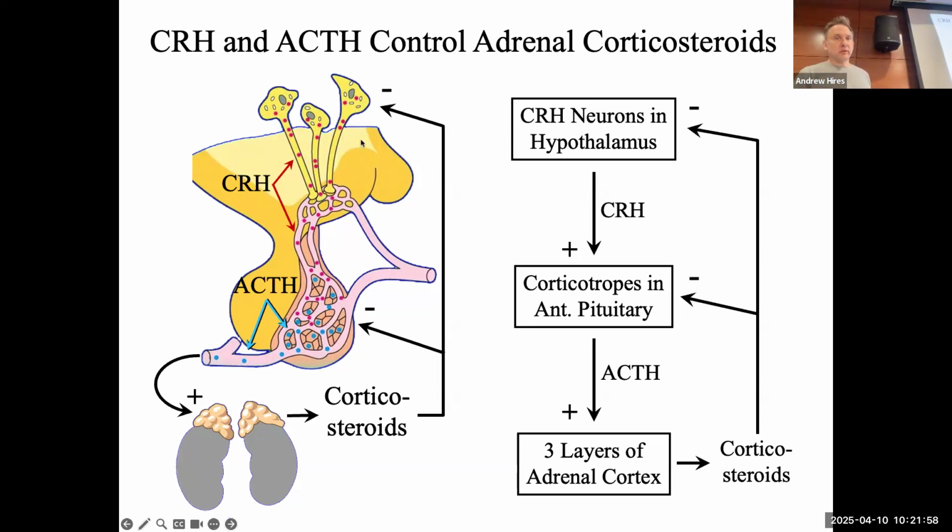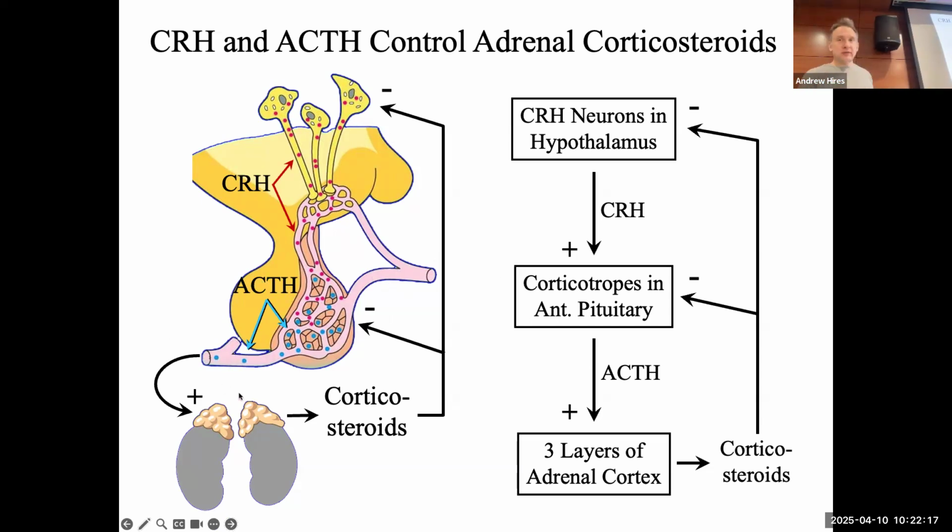Those are in turn going to have negative feedback on the corticotropin releasing hormone and the adrenocorticotropic hormone. So what releases adrenocorticotropic hormone? The corticotropes in the anterior pituitary.